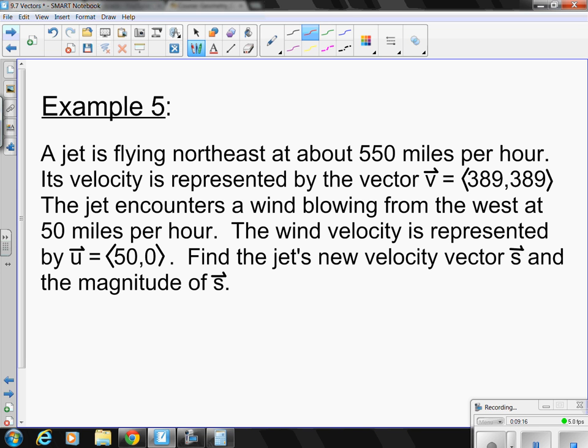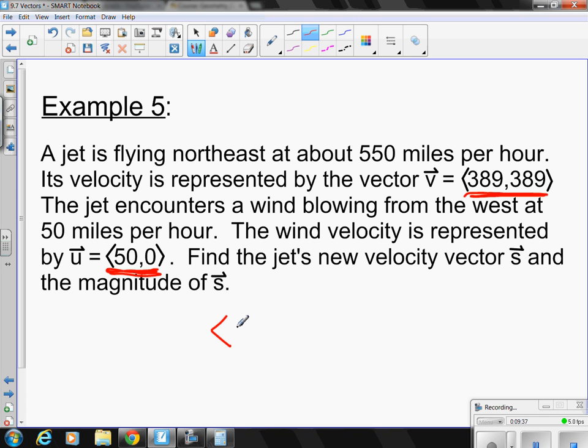So you can apply this: a plane that's flying this many miles per hour is represented by this vector. The wind is represented by this vector. So what happens when we add the wind to the flight of the plane? How fast is the plane then traveling?